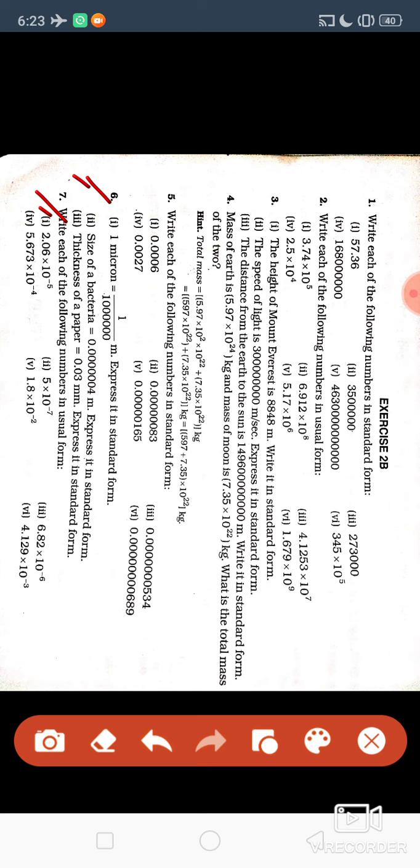What is given? 1 micron is equal to 1 by 1000 meter. You have to write it in standard form.